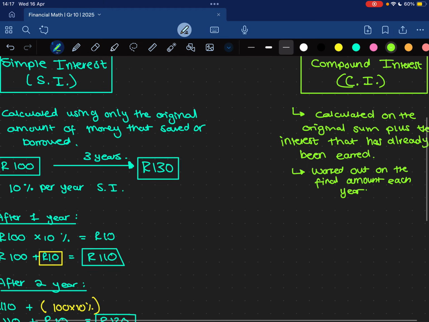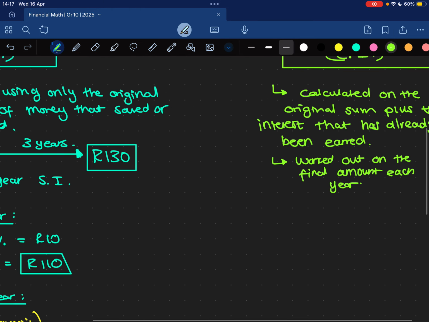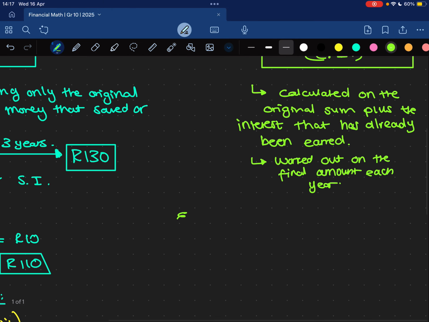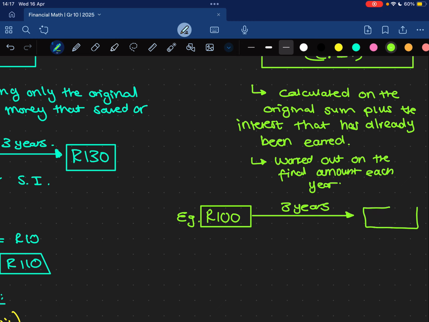So let's imagine we have the exact same example as before. So we have 100 Rand that I'm going to deposit into my account, and I'm going to see how it grows over 3 years. And I want to know how much I'm going to have at the end.